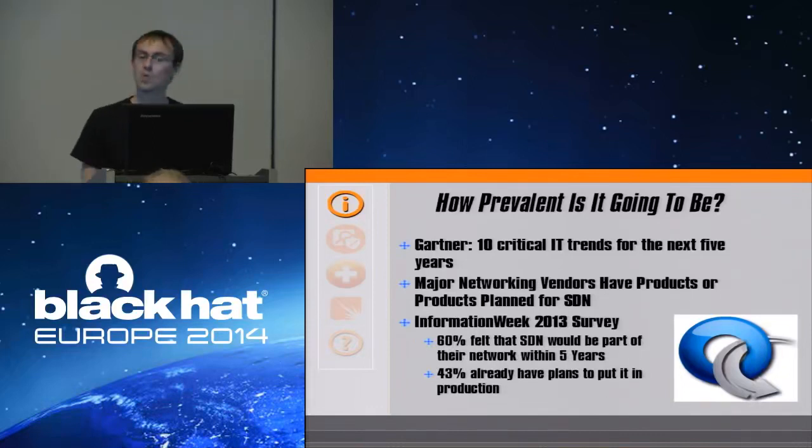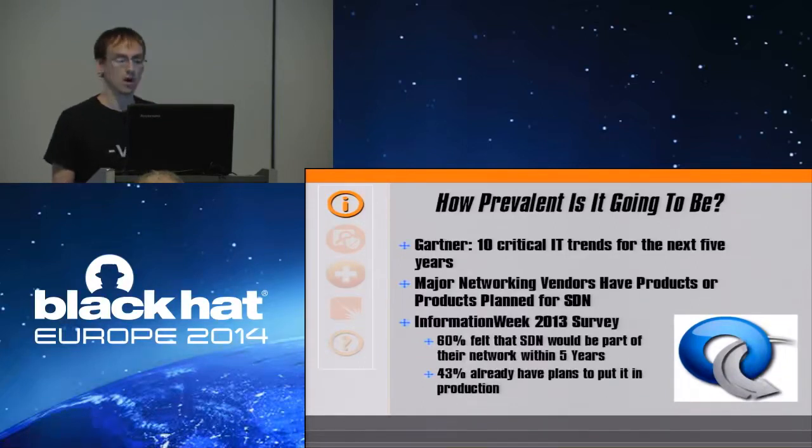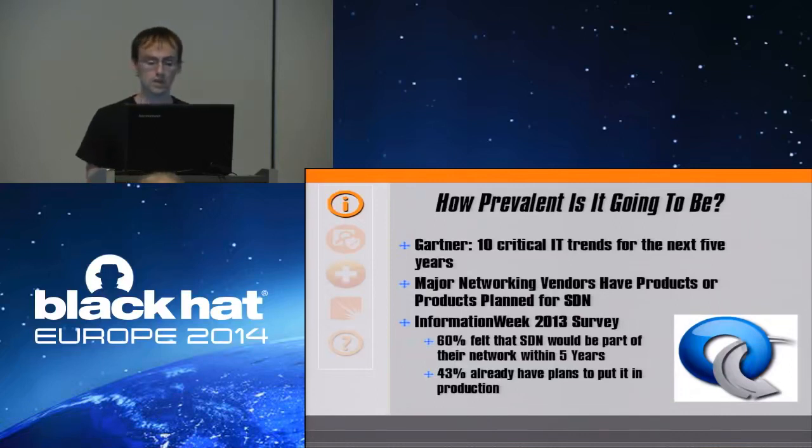Companies can be wrong. What we find in surveys, 60% felt that SDN would be part of their network within 5 years. 43% already have plans to put it into production. So these are issues that we're all going to have to be worried about. We're all going to have some sort of concern regarding this to make sure that we do not fall prey to these sorts of exploits, right?